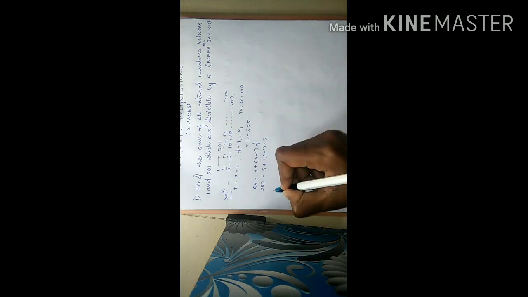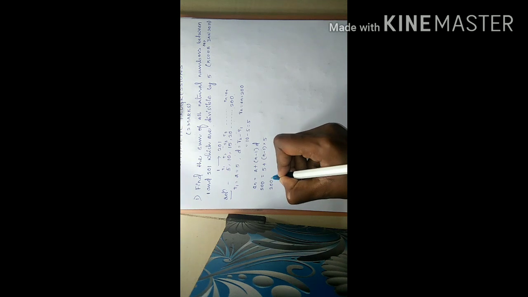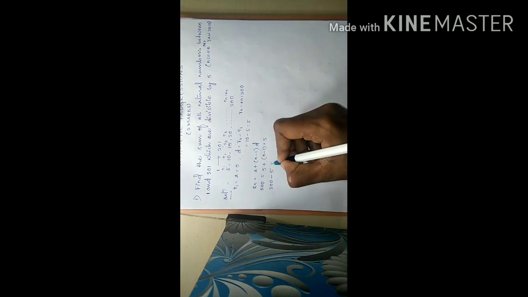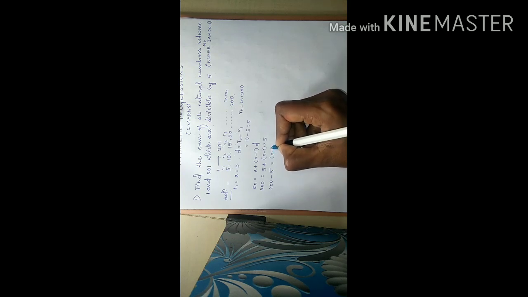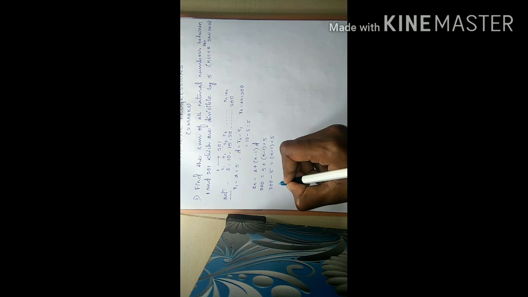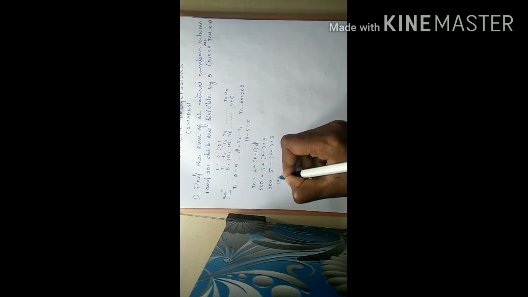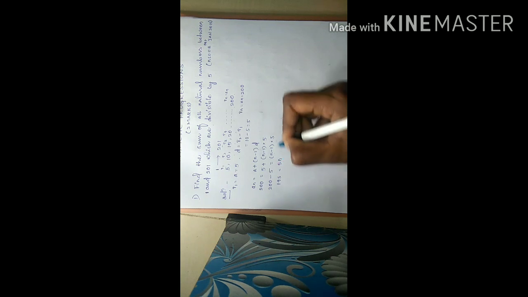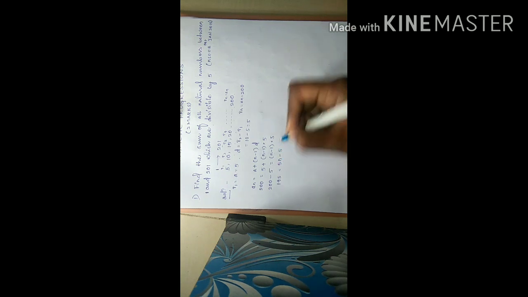So 200, take 5 this side, will be minus 5, that is equal to n minus 1 into 5. 200 minus 5 is 195 is equal to 5 into n, 5n minus 5.